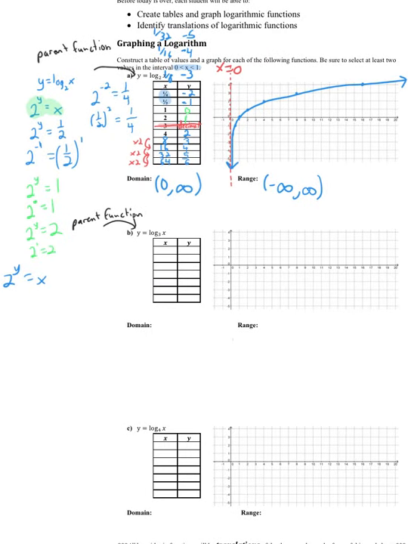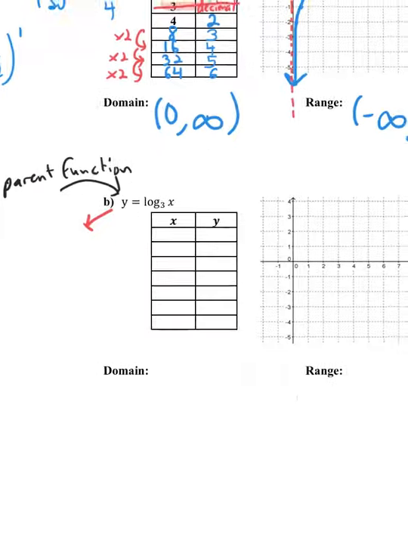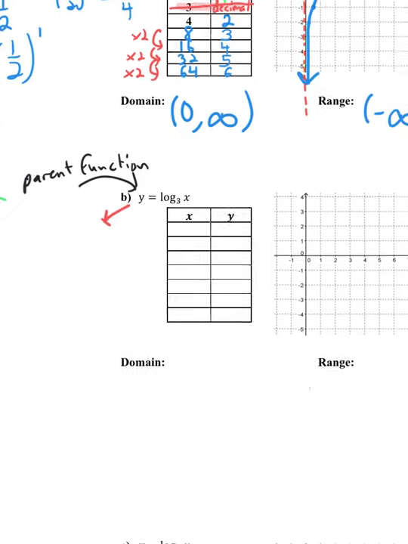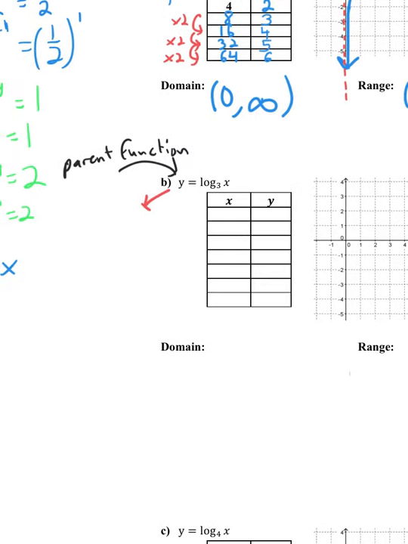Now, when we're graphing these functions, we could do something very similar on part B here, where I say, let's do y equals log base 3 of x. So we can rewrite that as 3 to the y equals x. And honestly, what might be the easiest thing to do for these types of problems is to assign y values first. Like, hey, let's do y as -2, -1, 0, 1, 2, 3, and 4.